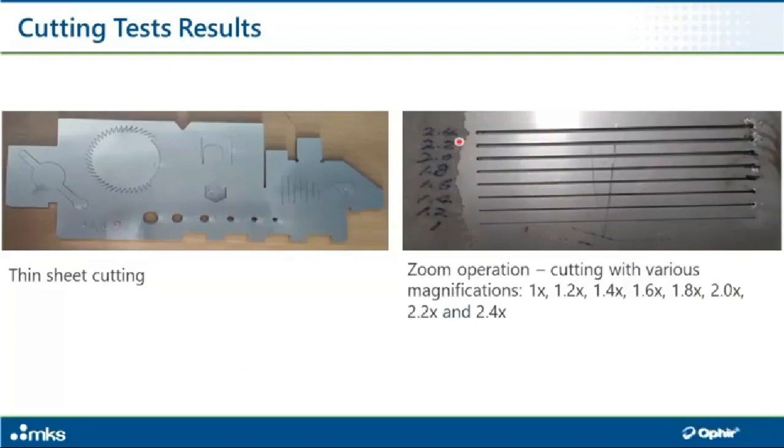You see here that the cutting width is changing according to the focal length of the lens or the magnification of the lens. Here, you see that the width is maximum, and this corresponds to a lens magnification of 2.4x.